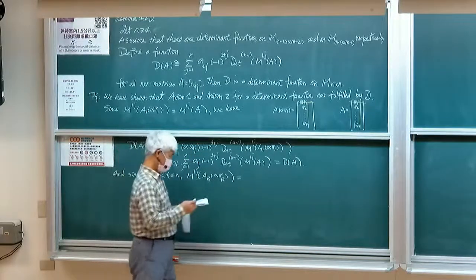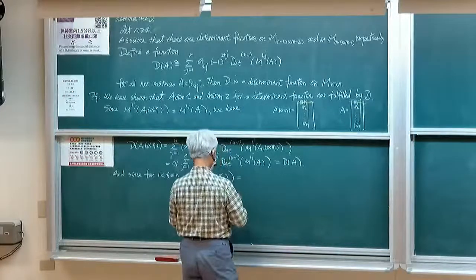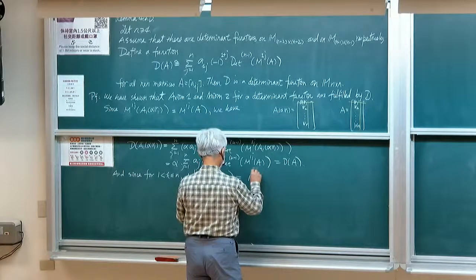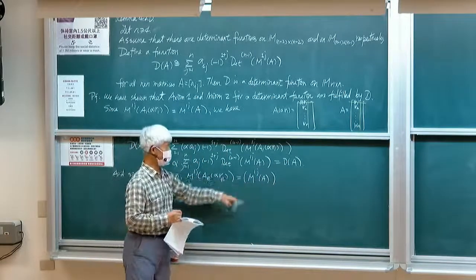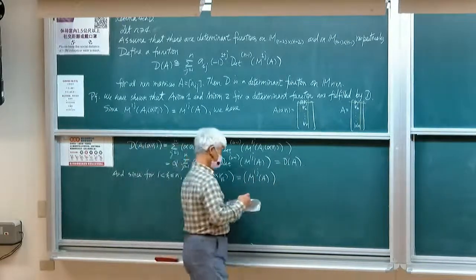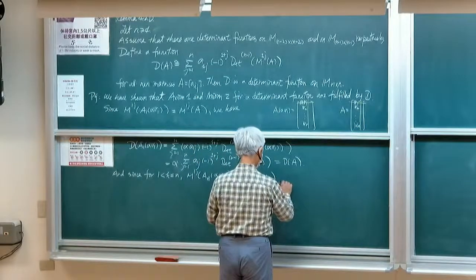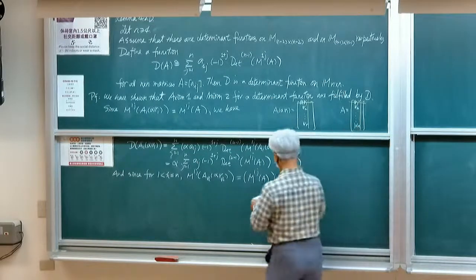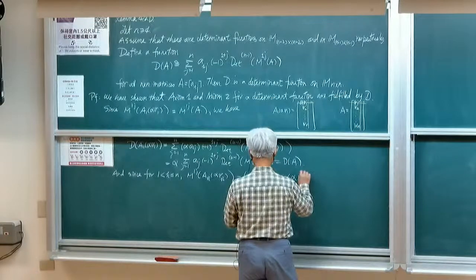So it's equivalent to taking the minor of A, but replacing the k minus 1 row by alpha Rkj.